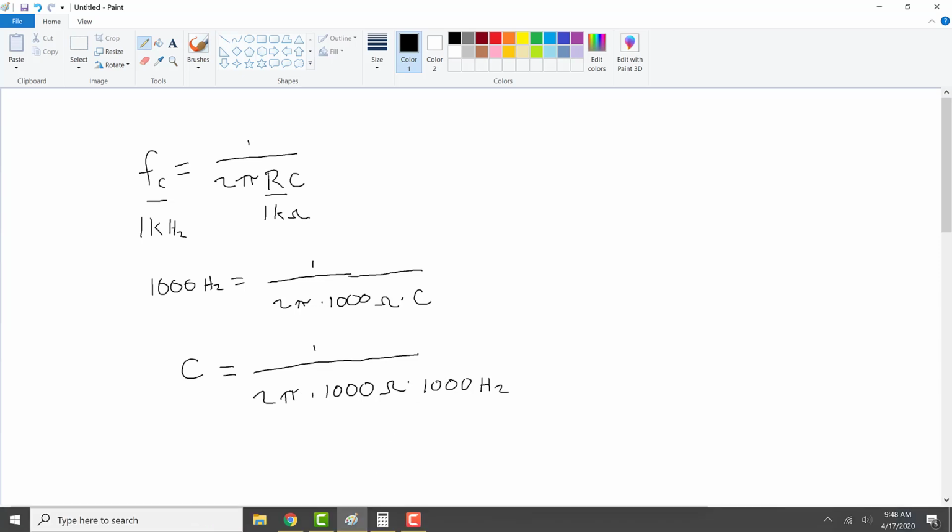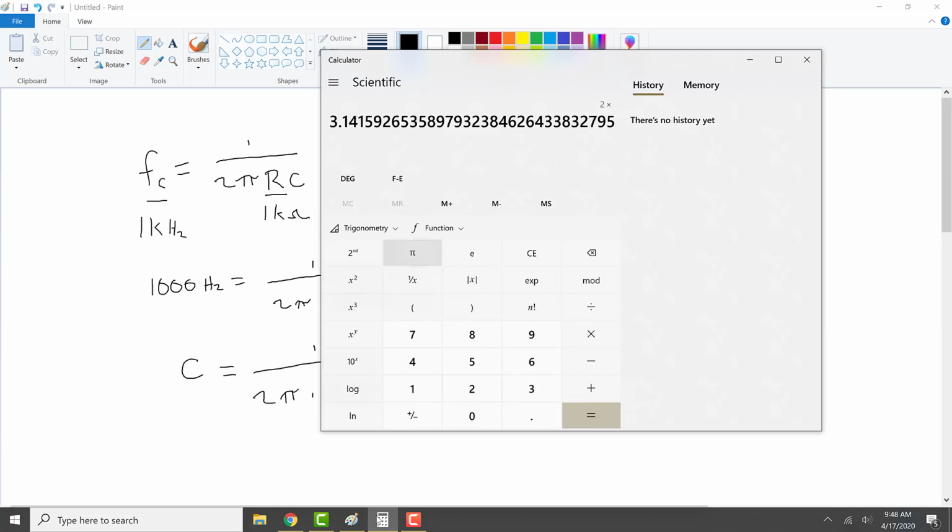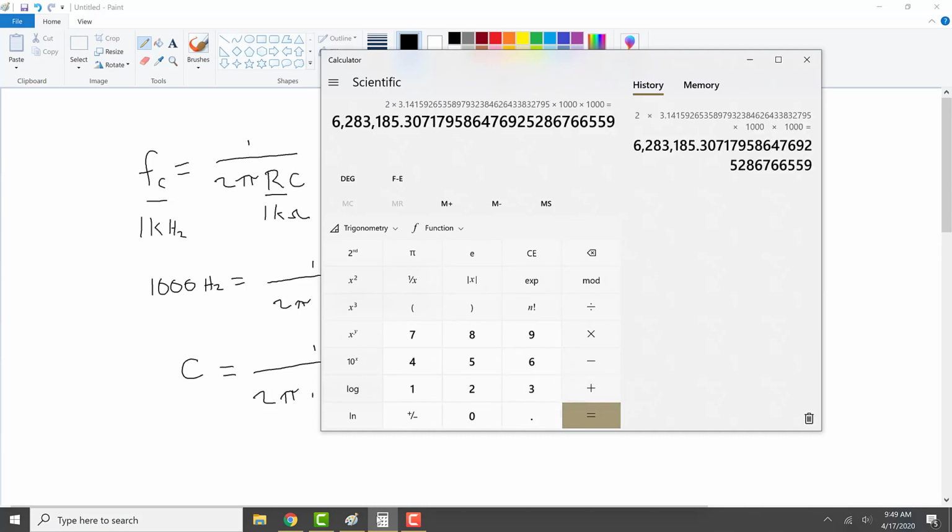So let's actually do that on the calculator here. I say 2 times pi times 1000 times 1,000 equals this, and then 1 over that should be my capacitance.